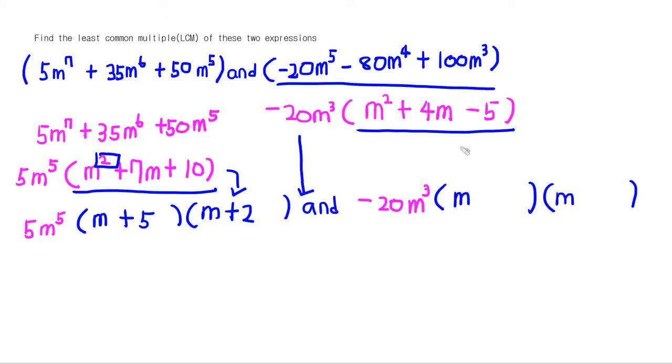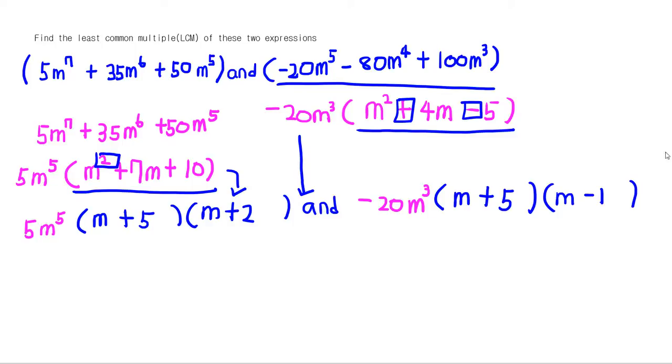That means one number should be negative and one number should be positive, since multiplying them gives a negative. But since we know that the second number is positive, the positive number should be bigger than the negative number. So I think it's going to be positive 5 and negative 1. Right? That's right.